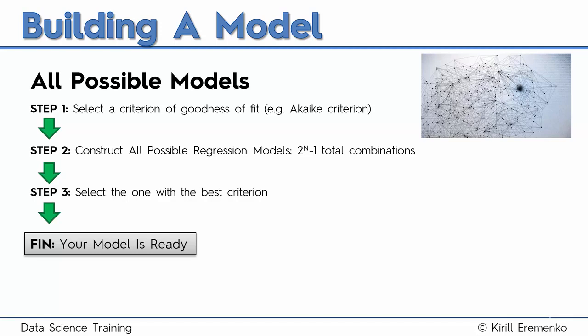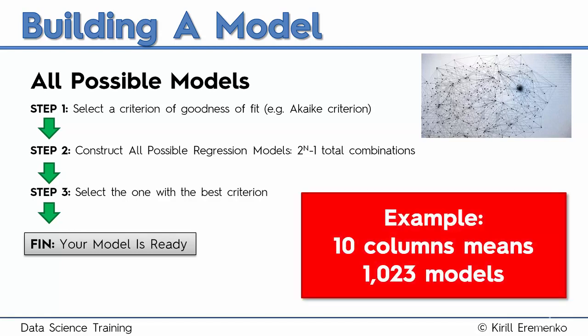So sounds easy, but let's have a look at an example. Even if you have 10 columns in your data, you'll have 1023 models. That's an insane amount of models. And we're not talking about columns that you've already filtered out, like in our example, where you might have 5 or 6 columns. No, we're talking about when you get a data set that is pretty much raw and has maybe 100 columns.